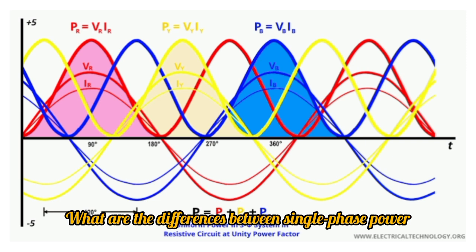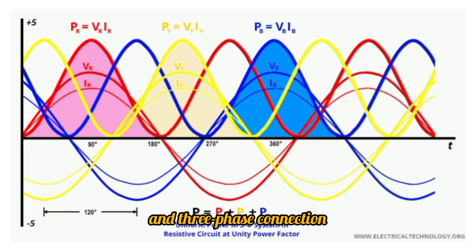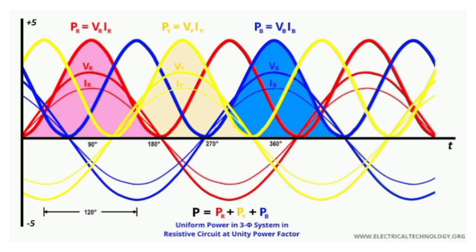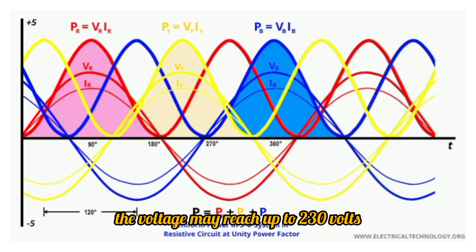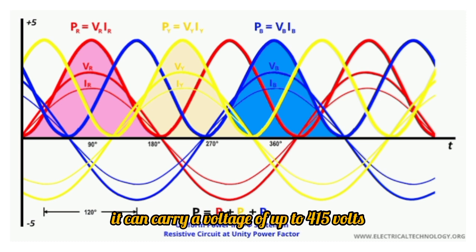What are the differences between single-phase power and 3-phase power? Here are the important differences between single-phase and 3-phase connection. In a single-phase power supply system, the voltage may reach up to 230 volts. But on a 3-phase connection, it can carry a voltage of up to 415 volts.